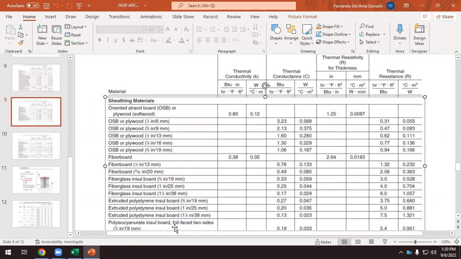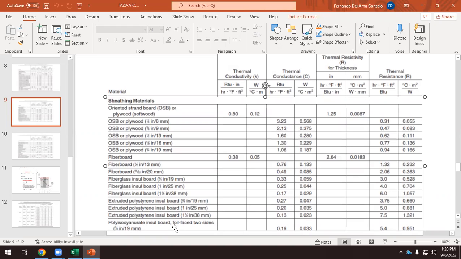What are the units at the end? It's BTU inch divided by hour Fahrenheit feet square, the same units we have here: BTU inch hour Fahrenheit feet square. So 1 divided by 5 is 0.2 BTU inch hour Fahrenheit feet square.